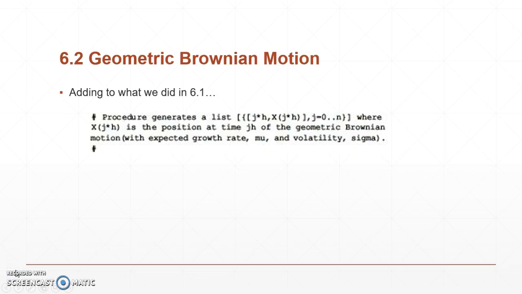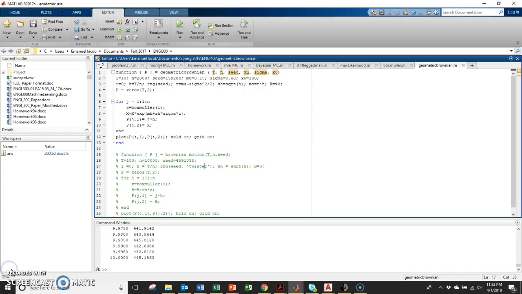In the next problem we're going to look at geometric Brownian motion, and we're just going to add to what we did in the first part with Brownian motion by adding a few more variables and changing the way we generate our graph. We're going to look at expected growth rates, averages, volatility, and standard deviation. So let's see what that looks like in MATLAB. Now this is the function for a geometric Brownian.